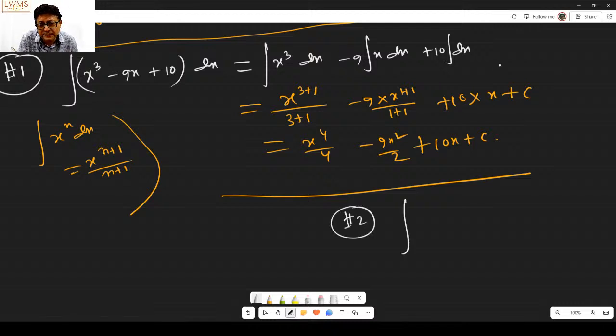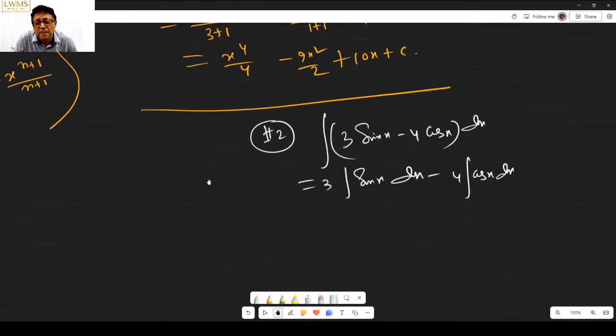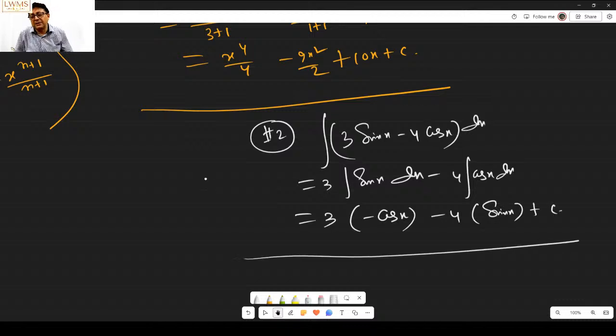Suppose it is given 3 sin x minus 4 cos x. So 3 will come out, sin x dx, 4 will come out, cos x dx. Clear? So this thing will be 3 into, 4 into sin x plus c. Clear?